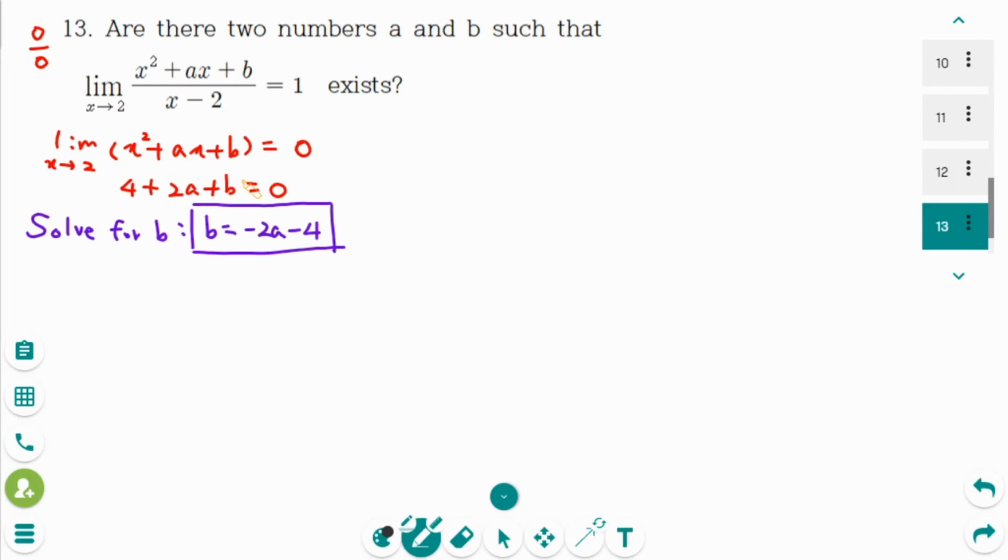Now for the harder part. When there are two variables in the problem, there must be two equations, like a system. Since there is only one equation here, one of the variables must be solved for first. Look at the original equation. x is actually the variable while a and b are constants.